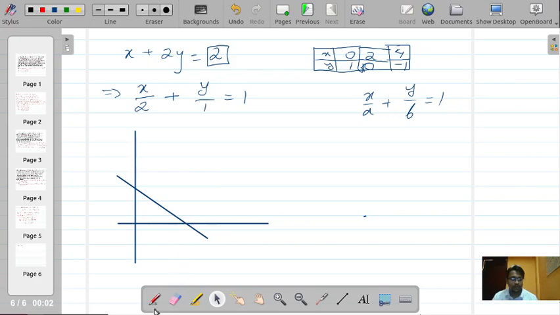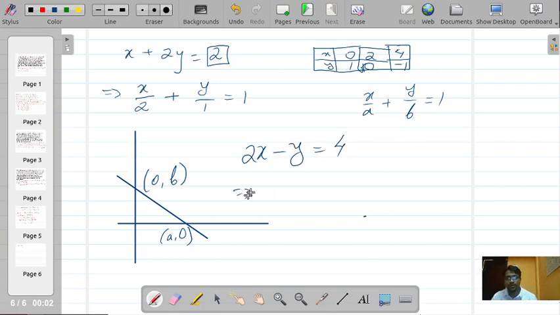This point is a,0, the point on the x-axis, and this point is the point 0,b. So x by 2 plus y by 1 is a straight line which passes through the points 2,0 and 0,1.